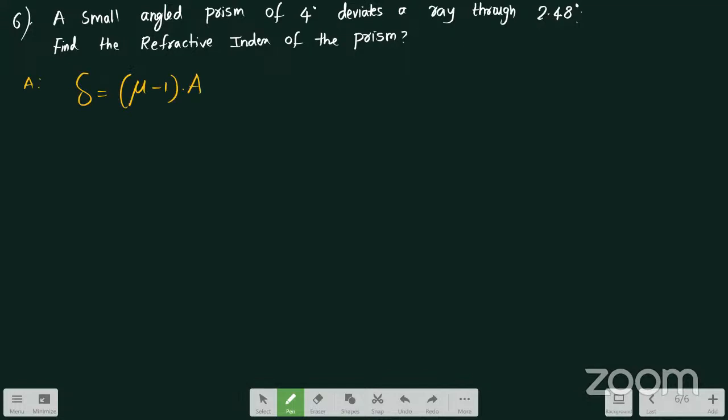And what are we supposed to find? We are supposed to find the value of mu. What is the value of deviation given? It is 2.48, which equals mu minus 1 into the angle of prism, which is 4 degrees.